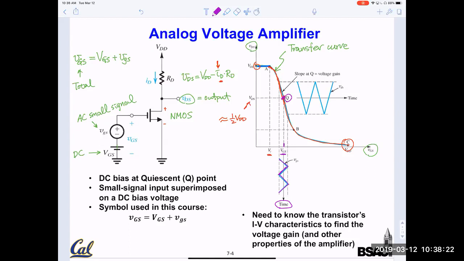And you can trace it point by point. This point will go to this point, and the second point, when it crosses the DC point, goes to here.